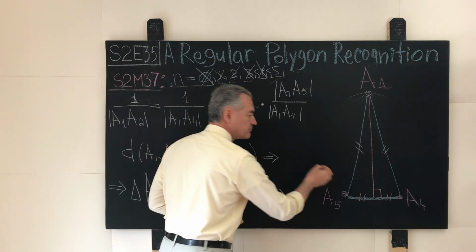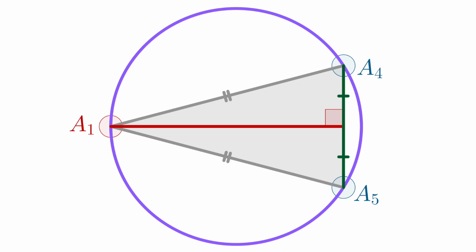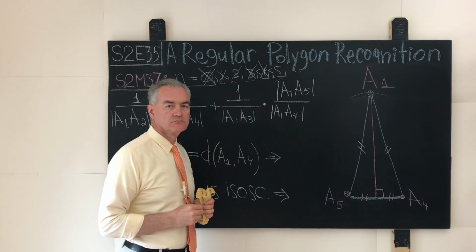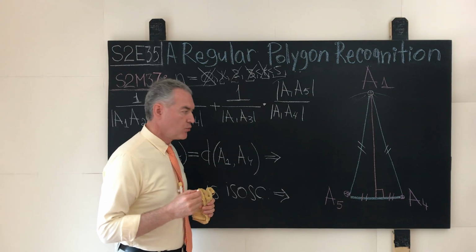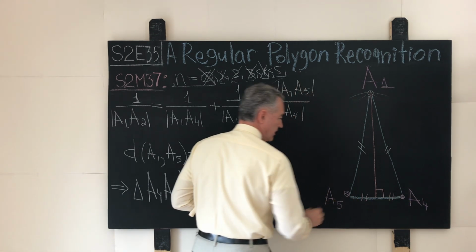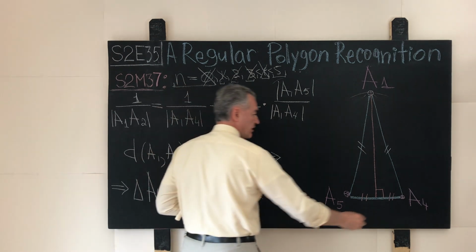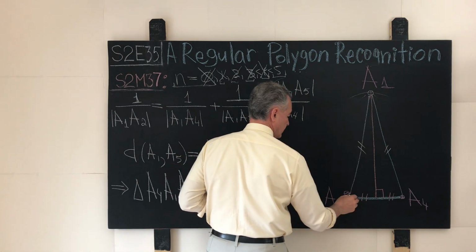And what does that mean? Well, observe that the line segment A4, A5 is the base of the isosceles triangle A4, A1, A5.